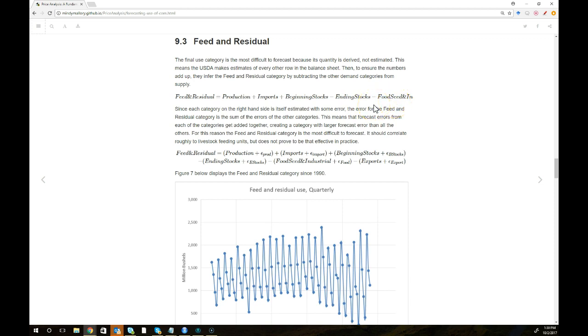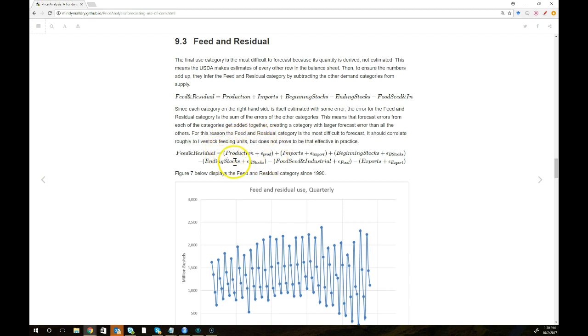So this category is the most difficult to forecast, mostly because since it's a derived category, any of the other categories that are estimated with error get impounded into this estimate.